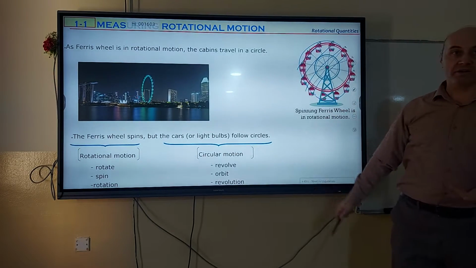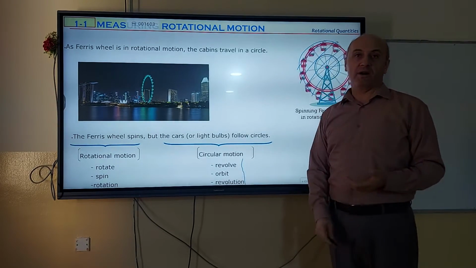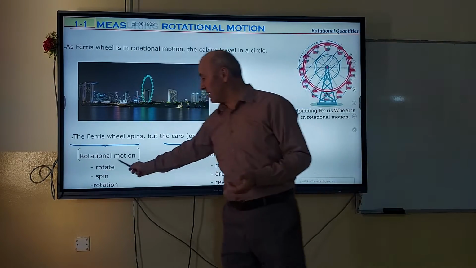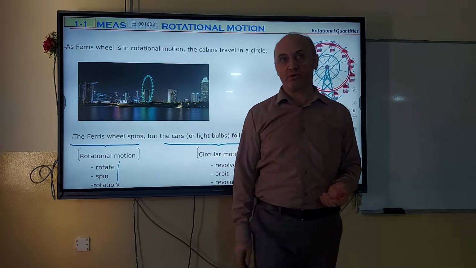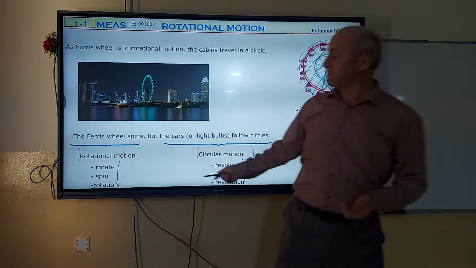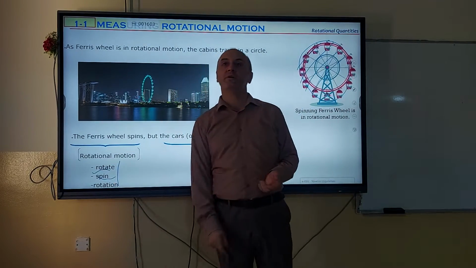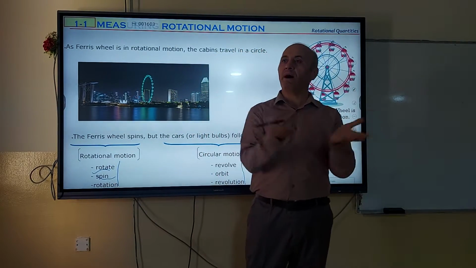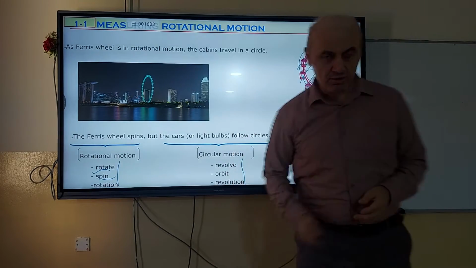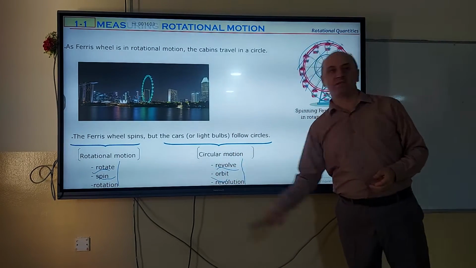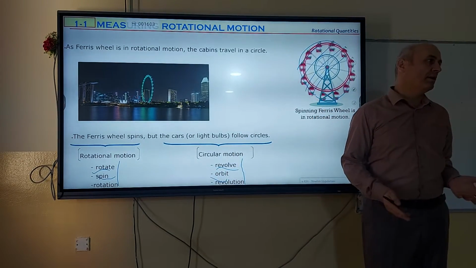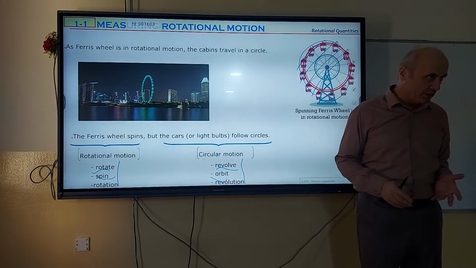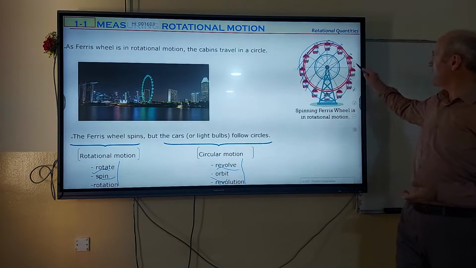So these three are the keywords for circular motion. These two are keywords for rotational motion. When a statement is made with these two words, this statement talks about rotational motion. If statements are made with those keywords, they are talking about what? Circular motion. Right.